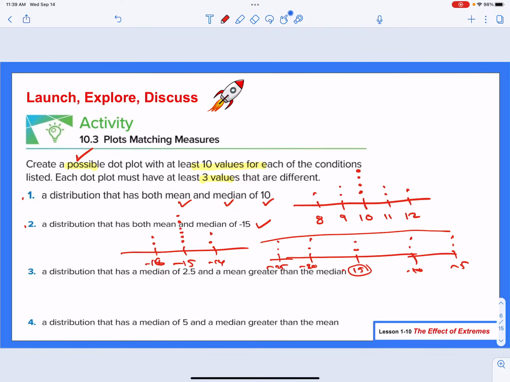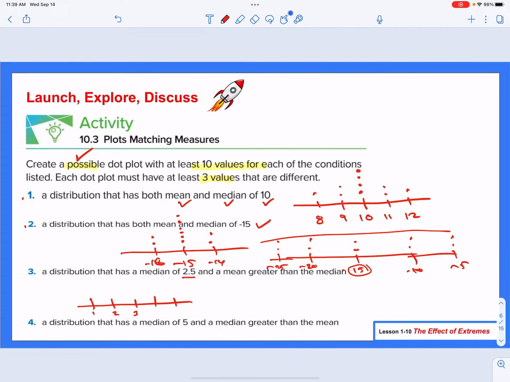Okay, if I want to make a distribution with a median of 2.5 and a mean that's greater than that, now I'm going to need to make it a little skewed, aren't I? So the middle value is going to be 2.5. What it tells me is I can do a 1, 2, 3, 4, 5. Something along these lines.